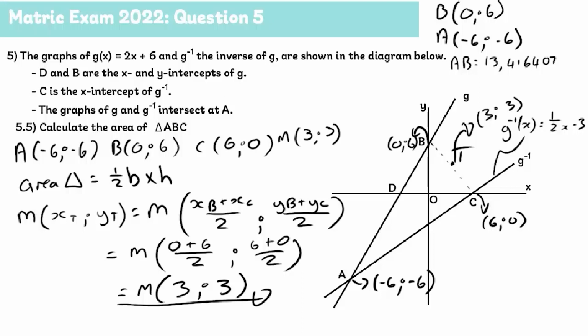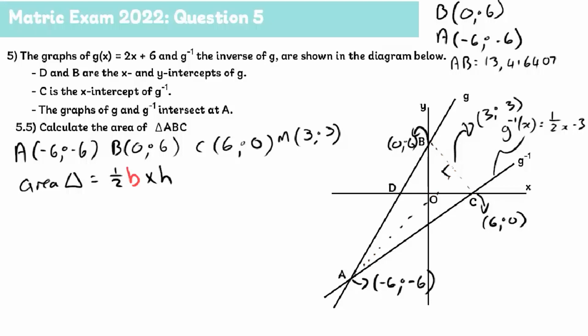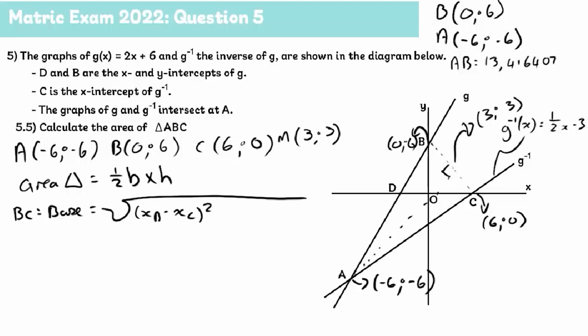So what does that mean? That means if we draw the height down here, we hit the midpoint, that'll be a right angle. Let's find the base. So BC, which equals the base, equals the square root, and now we just do the formula. We go (xB − xC) squared plus (yB − yC) squared.